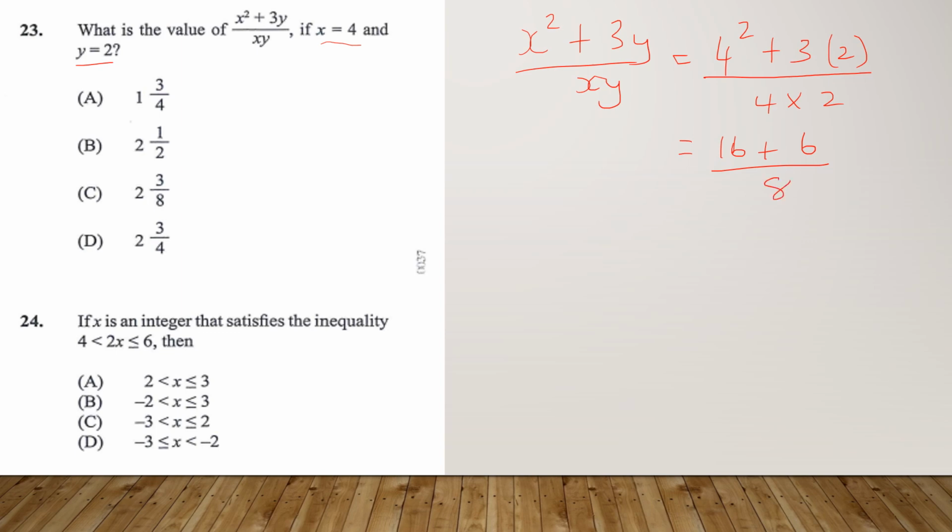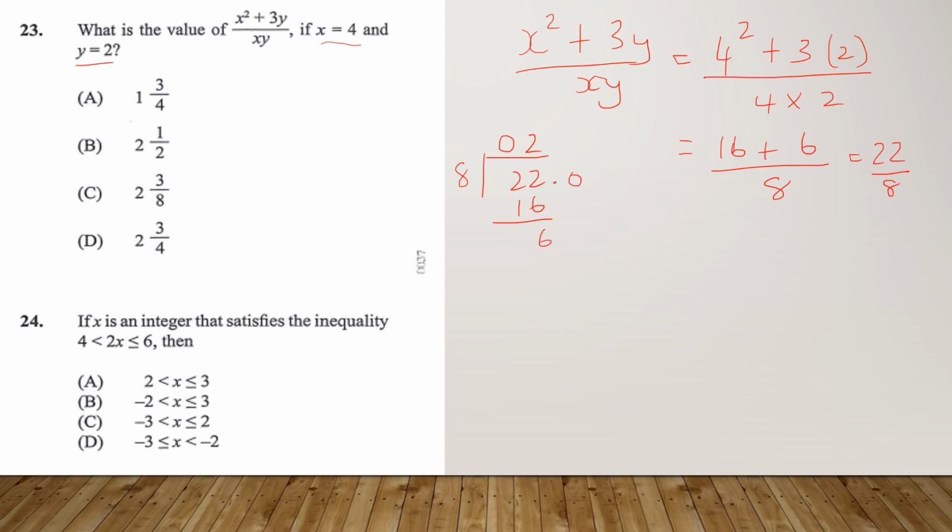So 16 plus 6 is 22 over 8. So let's divide 8 into 22. 8 2s are 16. So that's 16. So we take 16 from 22 and we get 6.